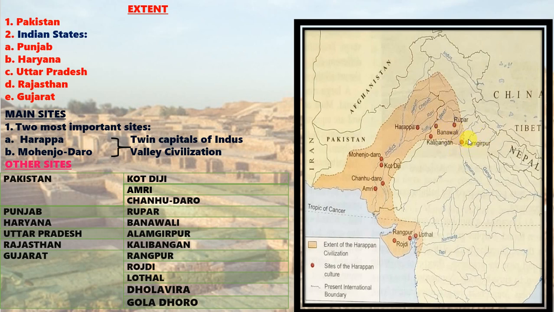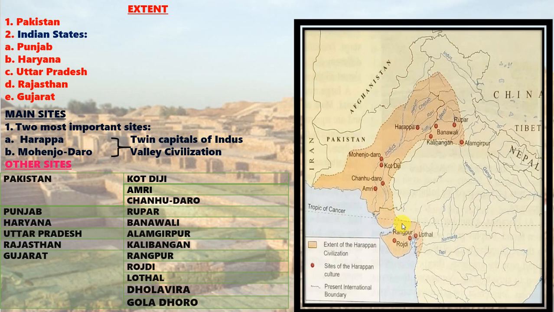In UP, Alamgirpur is there. In Rajasthan, Kalibangan is there, and in Gujarat, Rangpur, Rojdi, Lothal. Okay, I have shown you Dholavira this side, and Lothal, Gola Dhoro here.